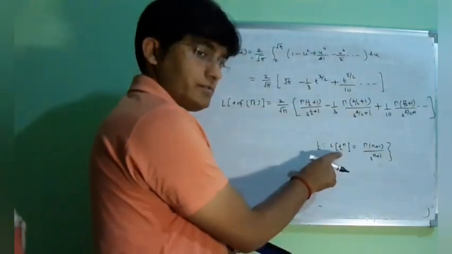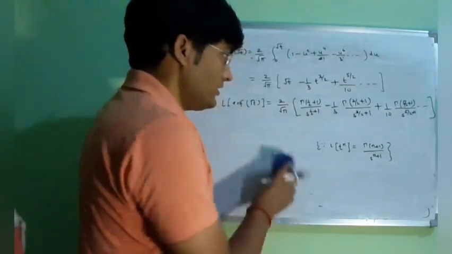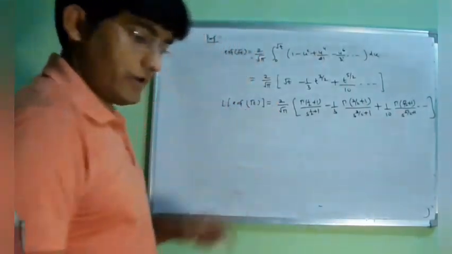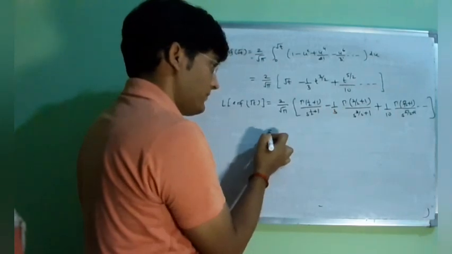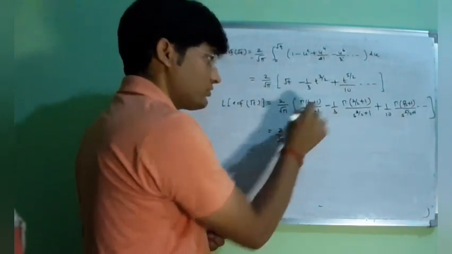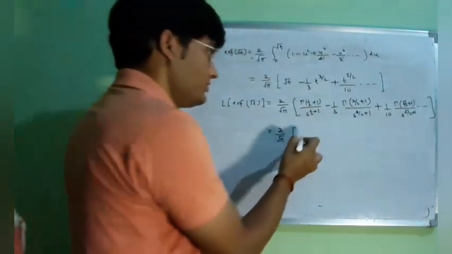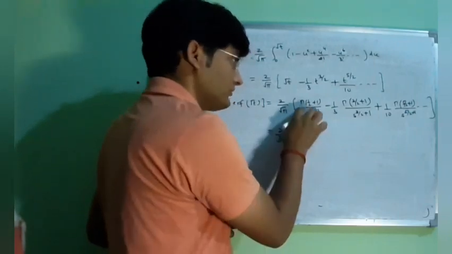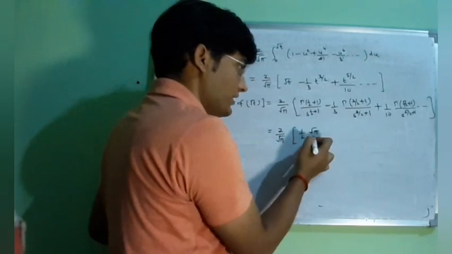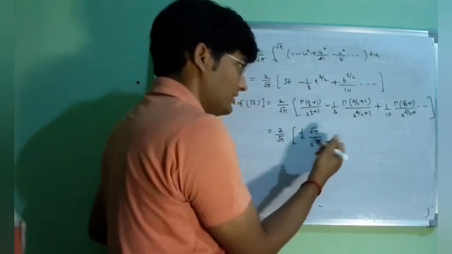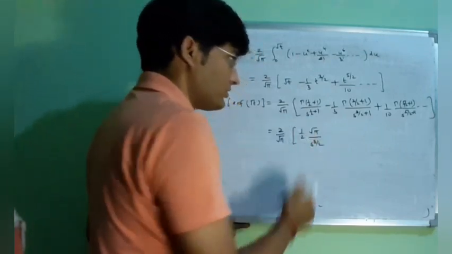You can write this formula for your convenience. Now you know that gamma n plus 1 is n gamma n. So gamma 3 by 2 will be half gamma half, and gamma half is root pi, and this is s to power 3 by 2.